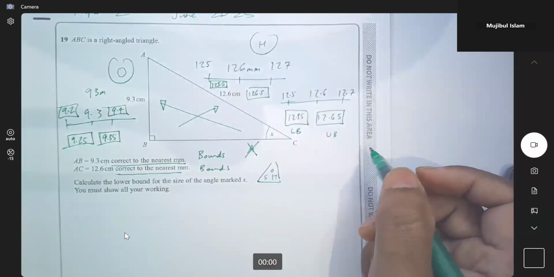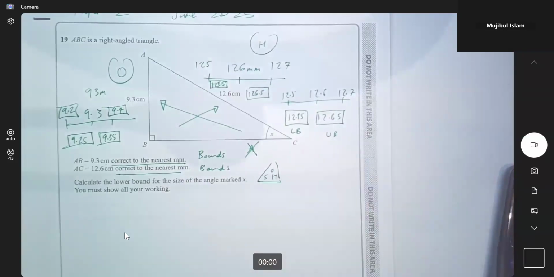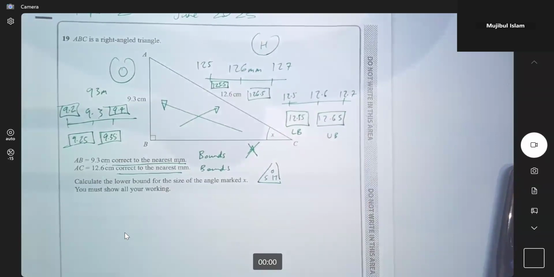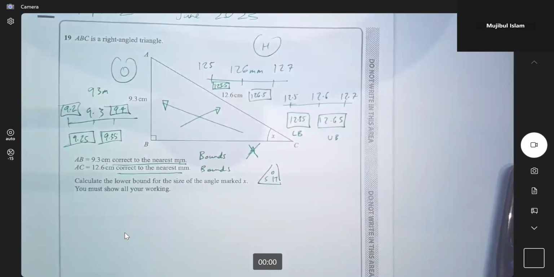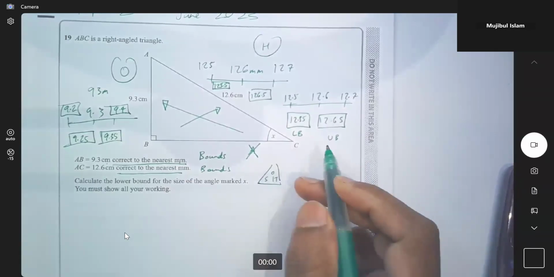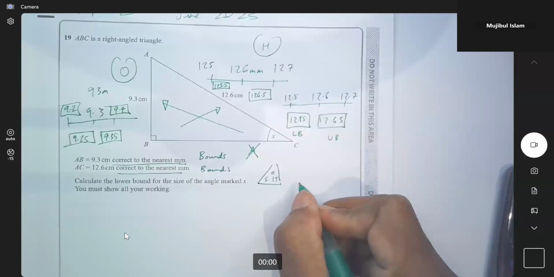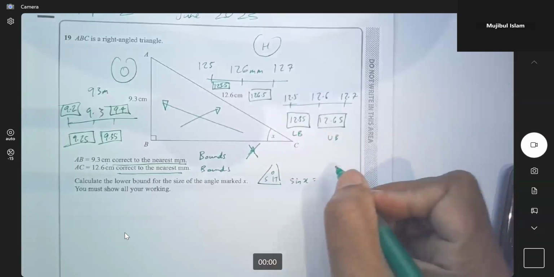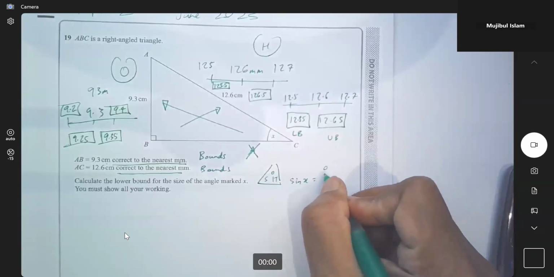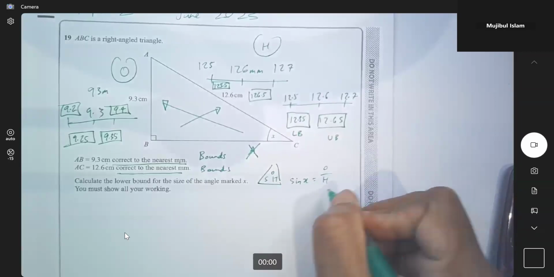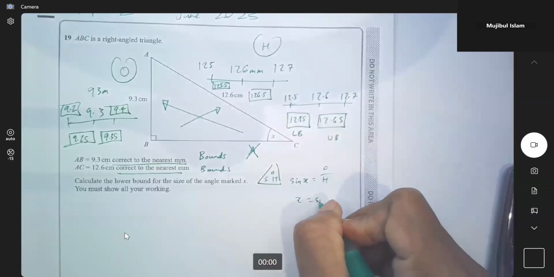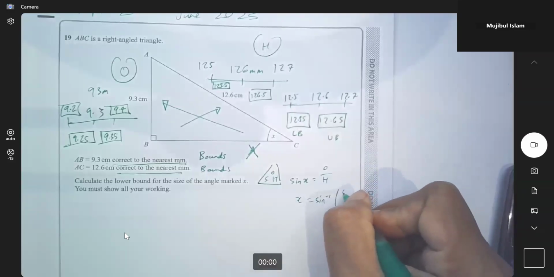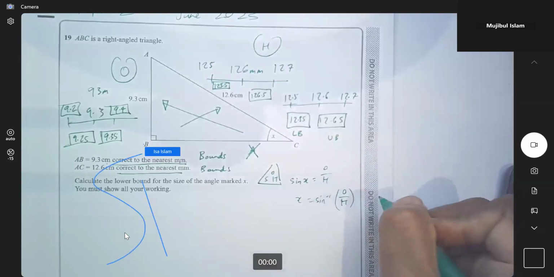I'm going to use the one that requires the least thinking power. It's just being methodical. So we're going to do sine x equals opposite divided by hypotenuse. So my x is going to be sine minus 1, opposite divided by hypotenuse.